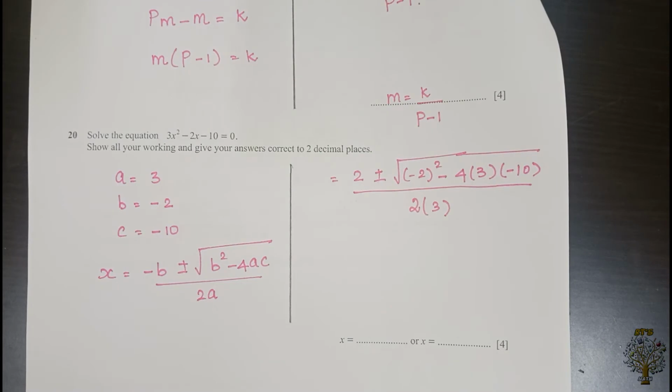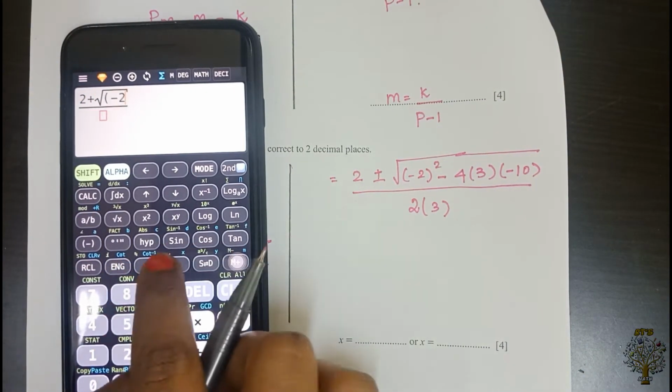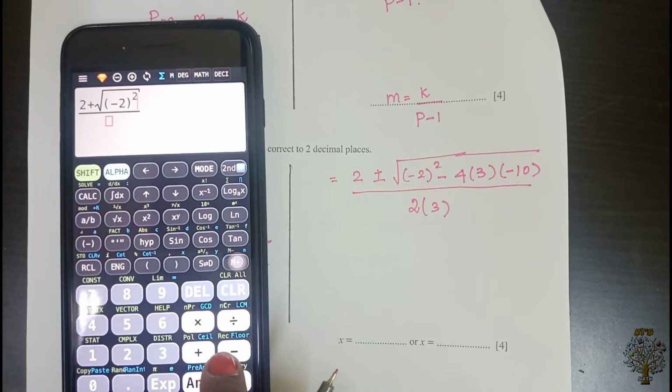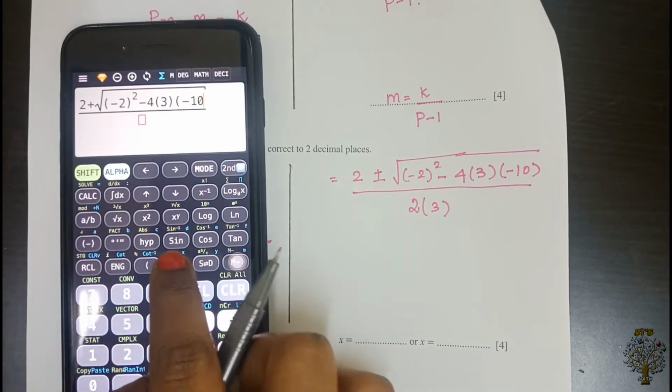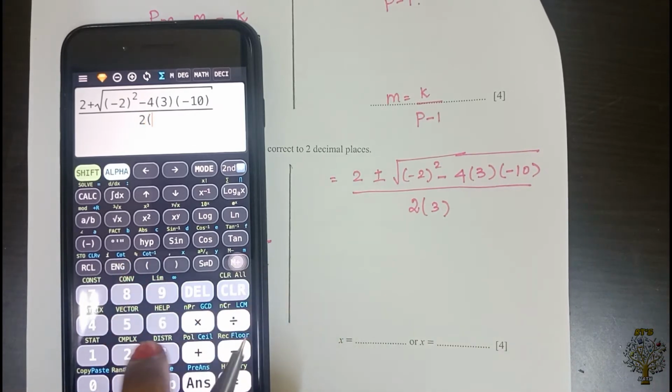You can take your calculator and go for fraction. First go with the positive sign, plus square root of negative 2 squared. You know it is 4. If you know directly, you can enter minus 4 multiplied with 3, and that should be multiplied with negative 10, all divided by 2 times 3.